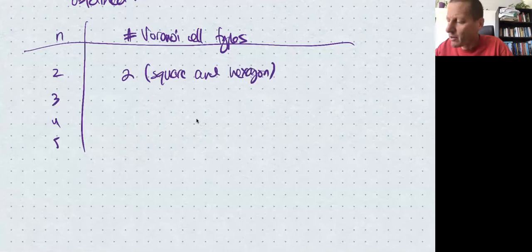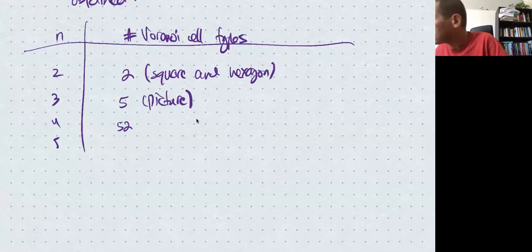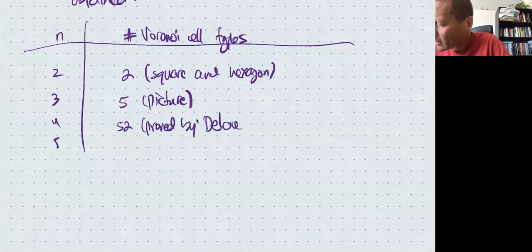In dimension 3, there are 5. That's the picture that I just showed you. And in dimension 4, there happened to be 52. And this was proved by Delaunay in 29.